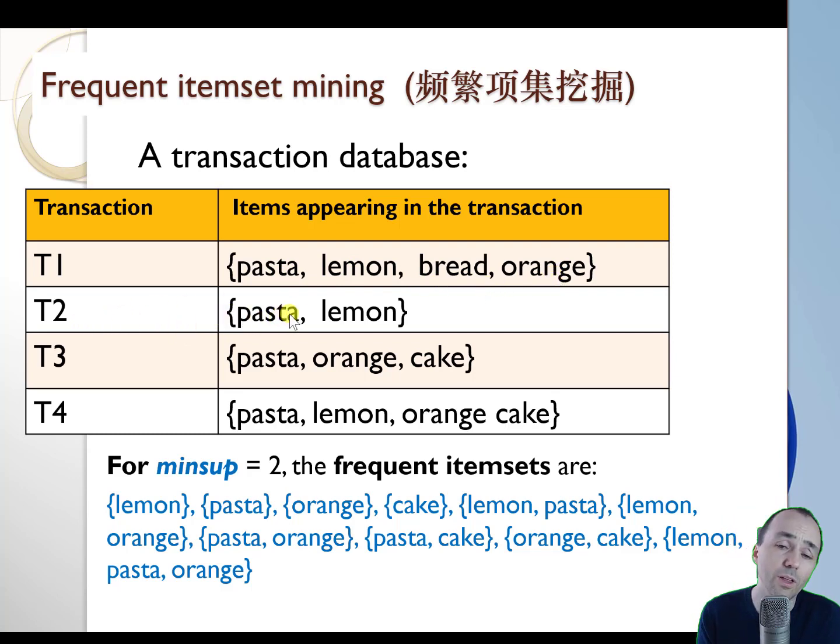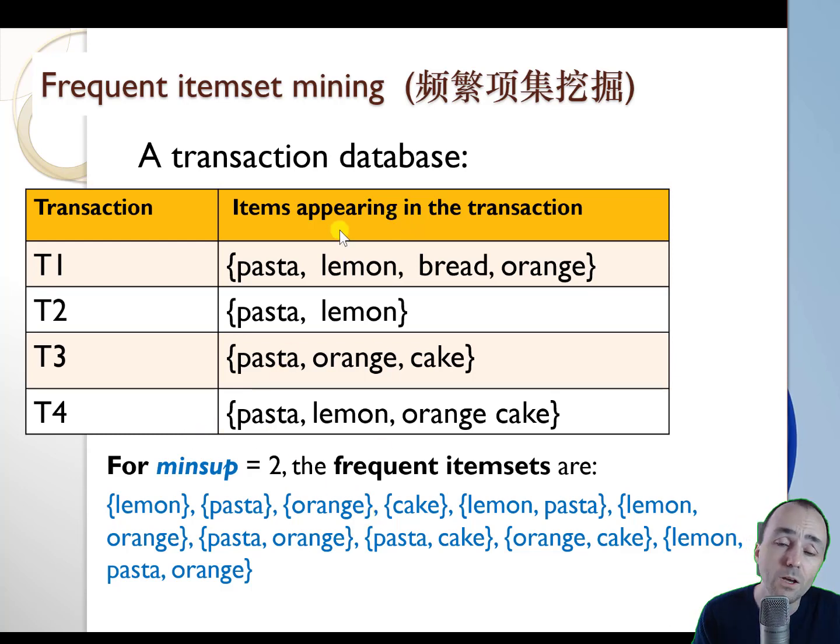Transaction 2, someone else buy pasta, lemon. Transaction 3, another person buy pasta, orange, and cake, and so on. So if we look at this database about shopping, in frequent item set mining, we can try to find the sets of products that the people buy many times together.